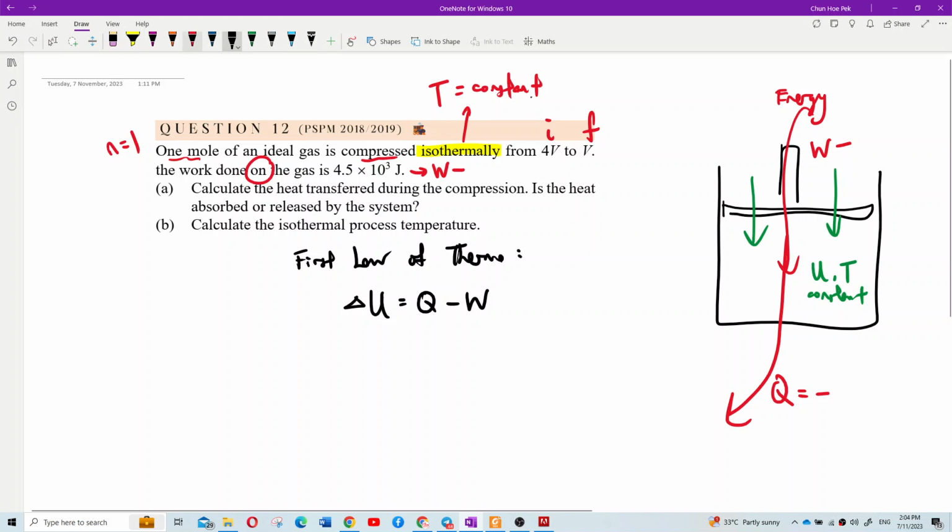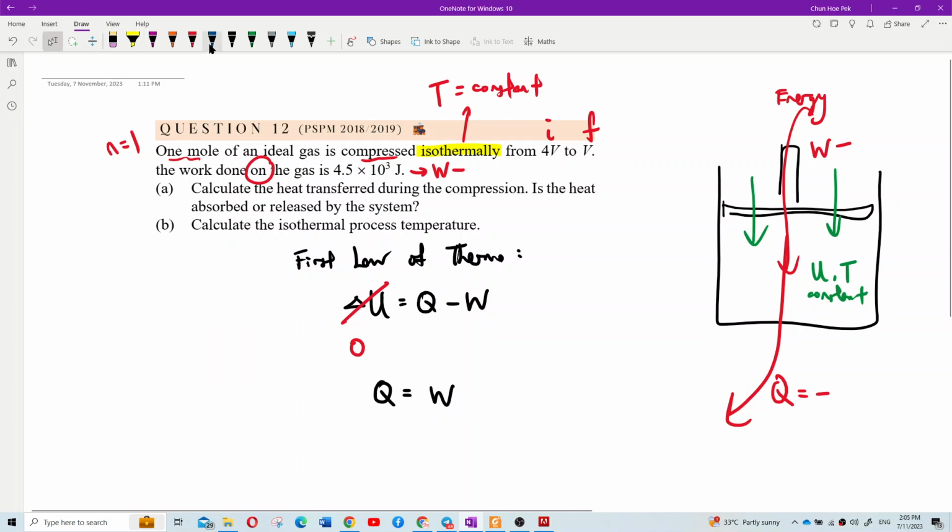That means change of internal energy is 0. No change of internal energy, right? Because internal energy and temperature are constant. So let's rearrange the formula, class. Q equals W. Negative W goes to the other side, becomes positive W.